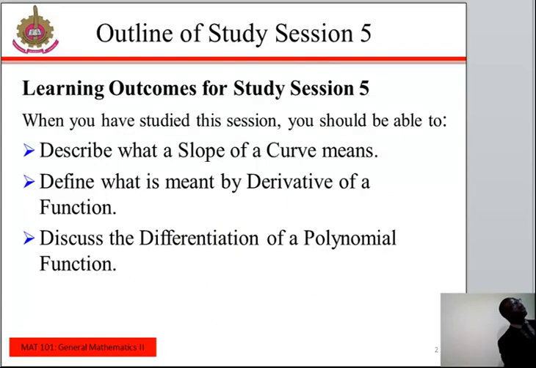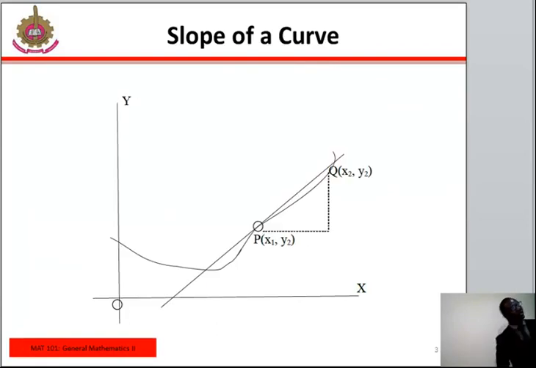Now let's go back. You understand what I mean. This is the curve now and the straight line. This is point P, and this is point Q. Now you have to find the gradient, the slope of this curve.